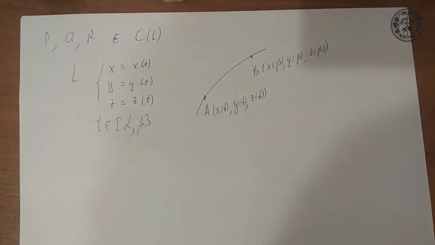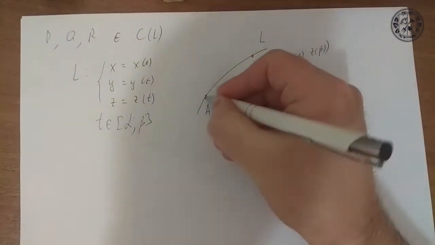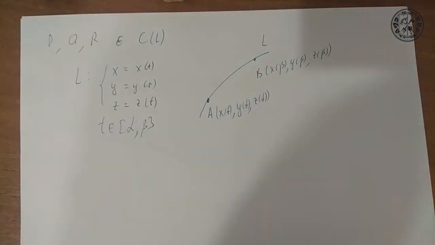If we select this curve and say that we have some direction of passing this line, then we have an oriented curve.